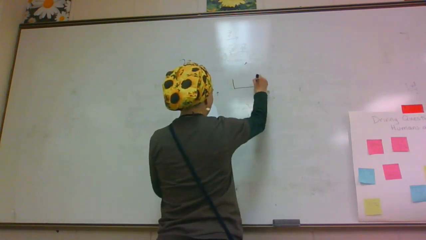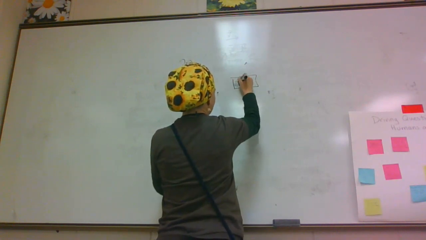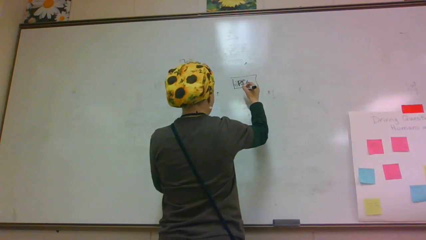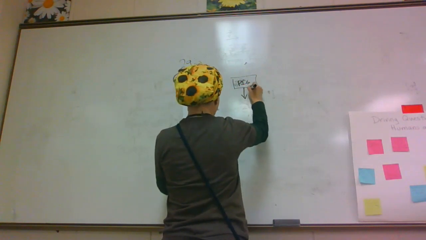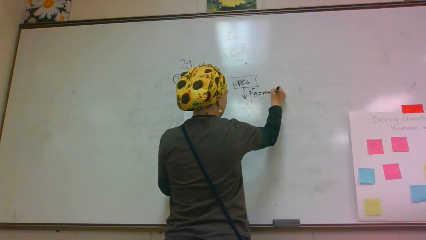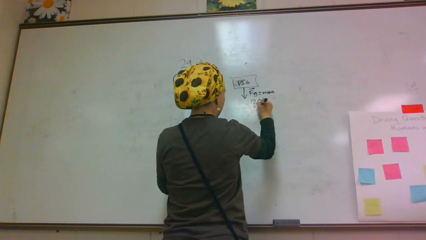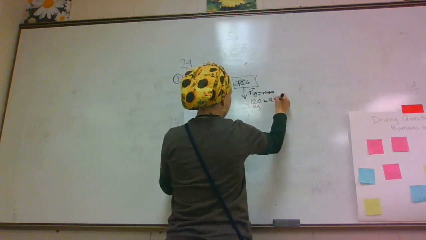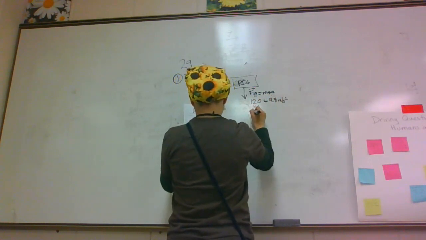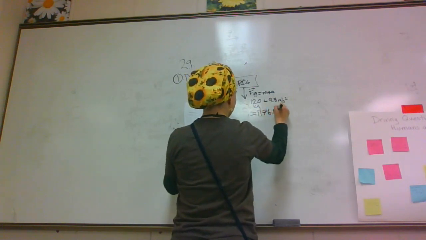So I'm going to go ahead and draw my free body diagram. Here's my pig. And I know my force due to gravity is going to be the pig's mass times the acceleration due to gravity. The pig's mass is 120 kilograms times 9.8 meters per second squared. And so I'm going to get 1,176 newtons for this.